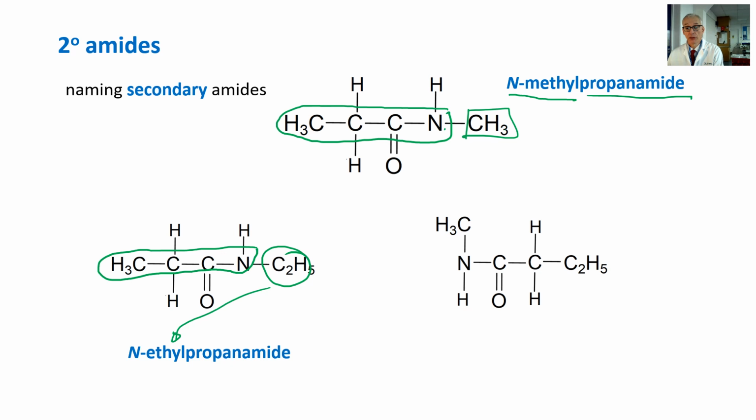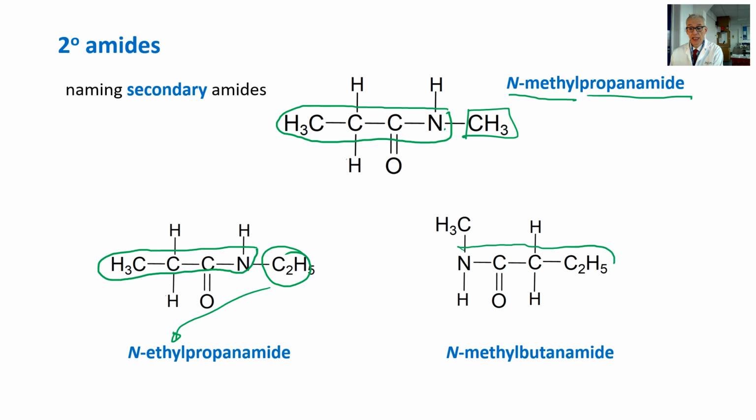What about the one on the right? Pause if you haven't already done so and name it. Come back when you are ready. So I'm going to reveal. This is N-methylbutanamide. I've orientated my amide in a different direction, which the examiner is quite entitled to do.